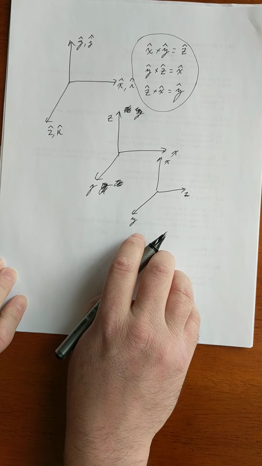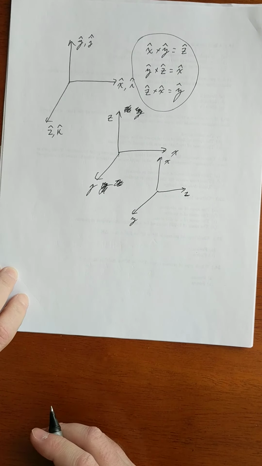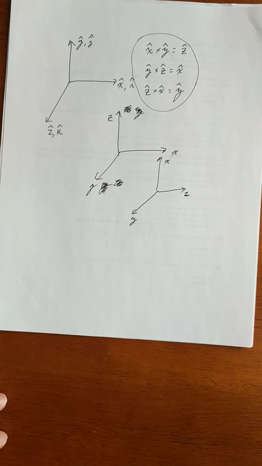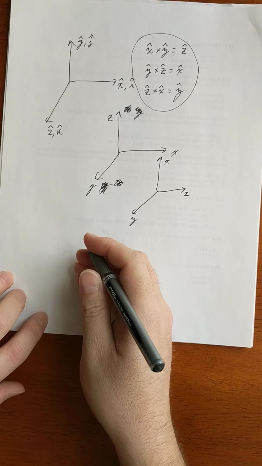Before we do a couple examples, I want to go through the rules for a cross product. The rules for a cross product are just the laws that tell you how they work.